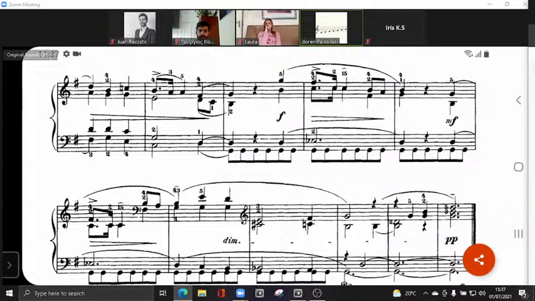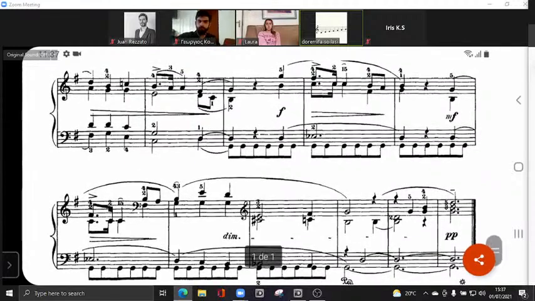And there we have a tonic pedal point. So in the bass, we always have a pedal point, a tonic pedal point until the piece ends.